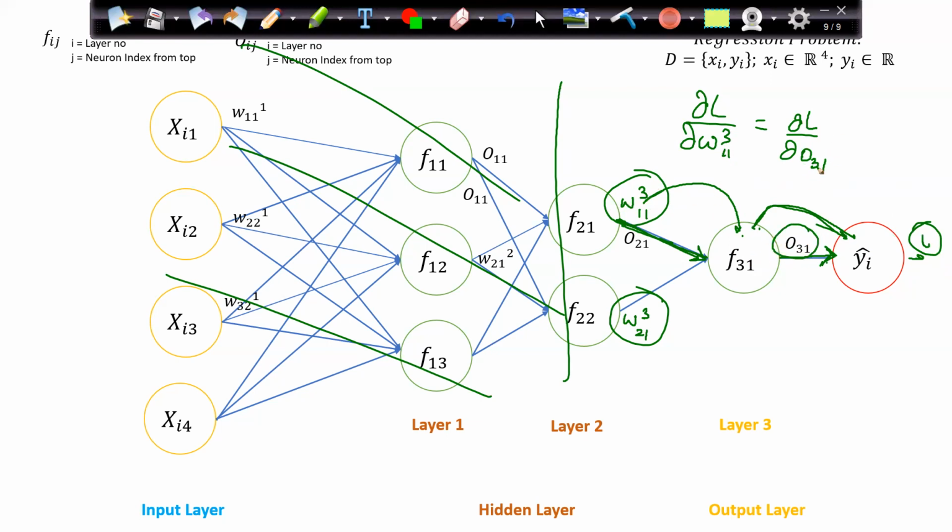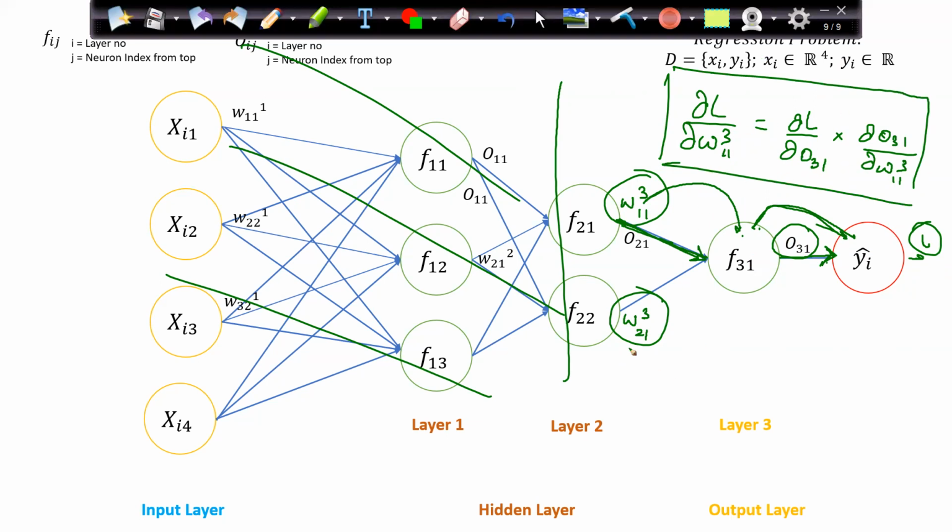So dou L by dou O31 multiplied by dou O31 by dou W311. This is my simple chain rule, and that is what we will apply for this particular layer as well.